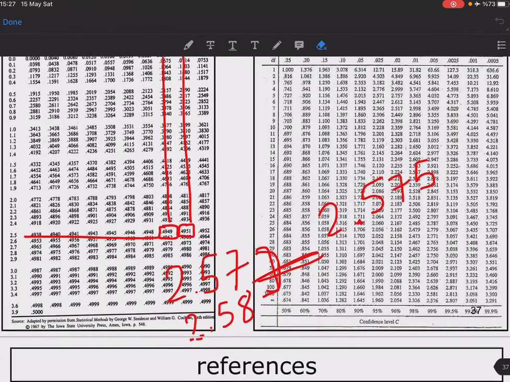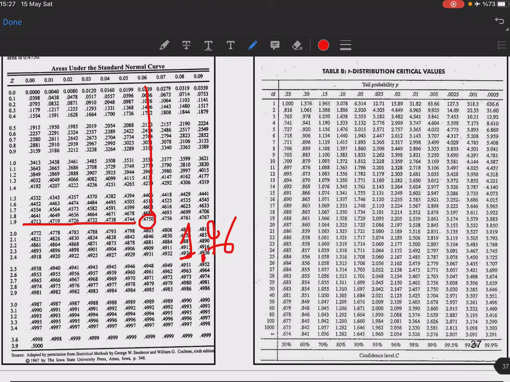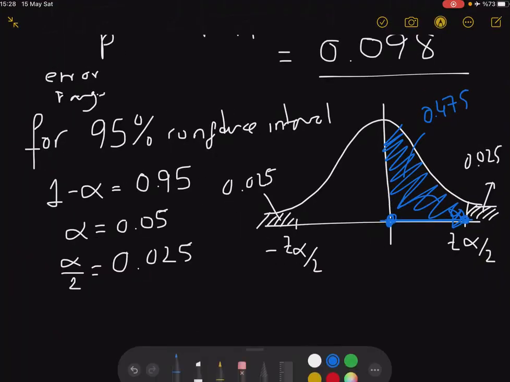So let's look it up from our readily available lovely table. 0.475, right? Where is it? Okay, I found you. It is 1.96, right? That's how we use our table. 1.96 is what we're seeking.